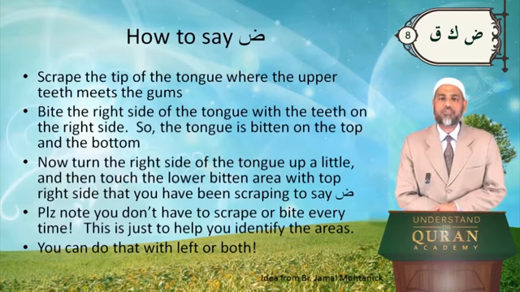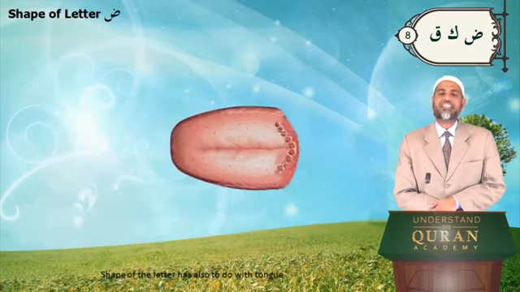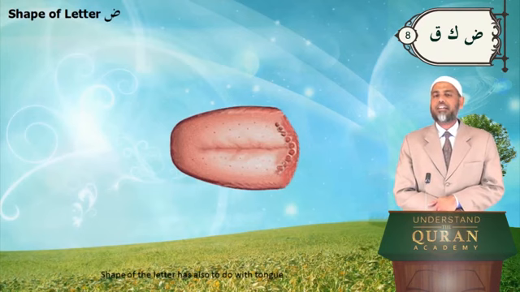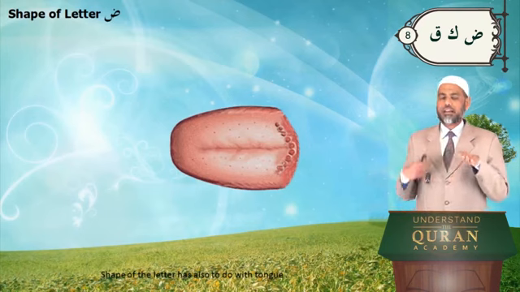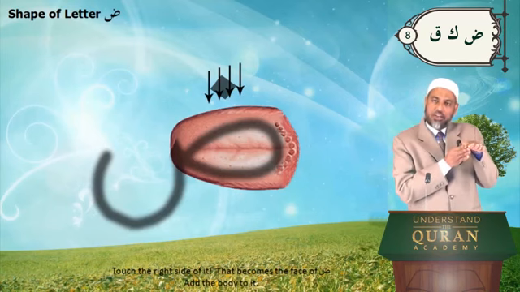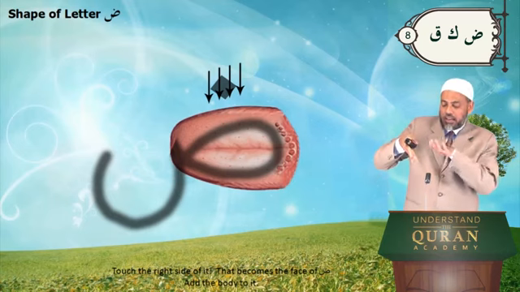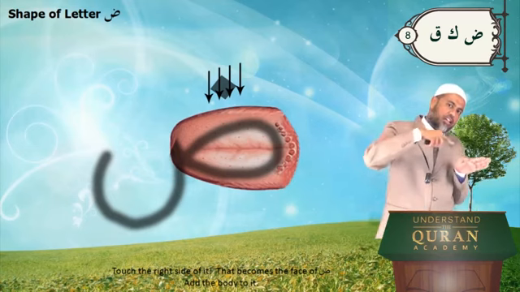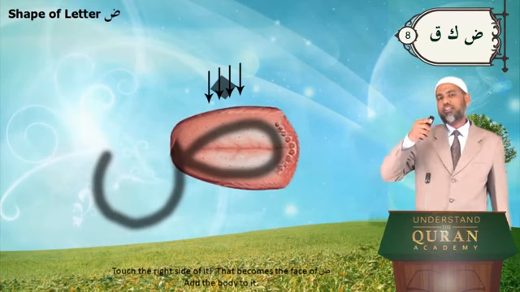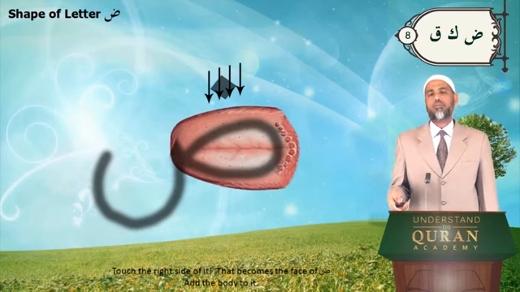So the shape of the letter dad also has to do with our tongue. This is the tongue here, and what you're doing is you're using the right side of the tongue a little bit, to the lower side. You are taking the right side of the tongue and touching there, right side touching. So I'm showing that arrow, the area to be touched with the arrows, and that is our dot.